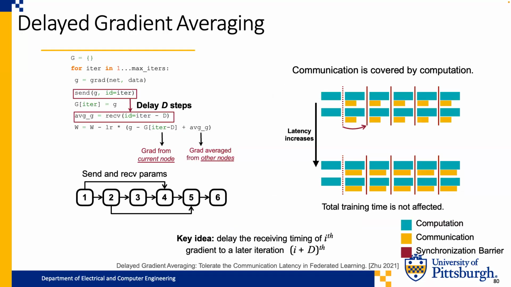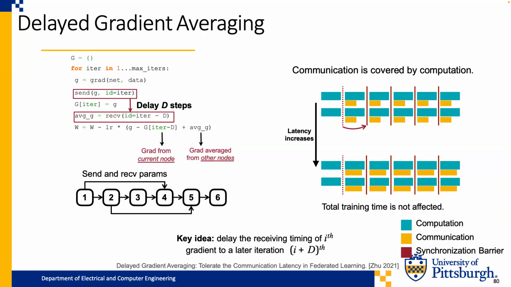So what we are trying is to update the weight with the latest gradient from myself, but the old gradient from other people. Because this average G is from this iteration minus D, delayed D steps.